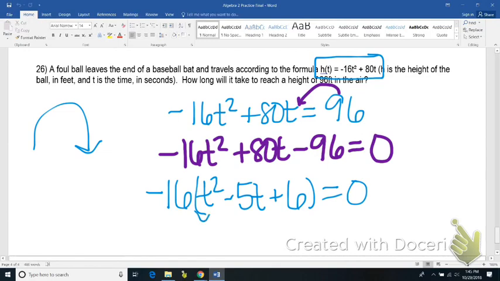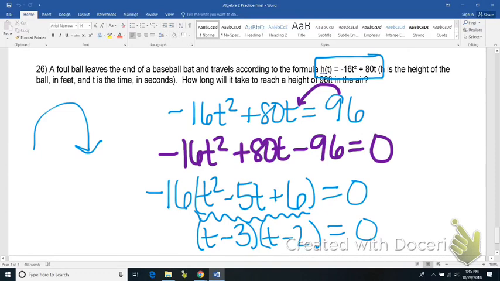And what you see right here in parentheses, that is the only part of this problem that matters. That negative 16 doesn't matter because it doesn't have a letter with it. But when you factor this part, you'd get t what? Negative 3 and negative 2.